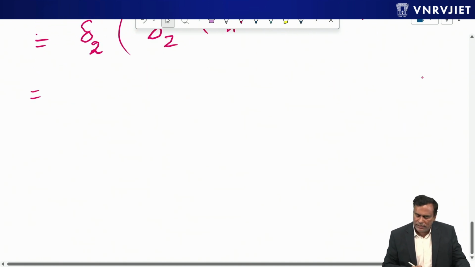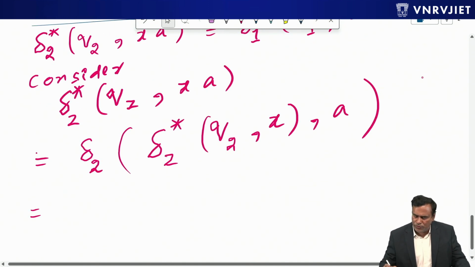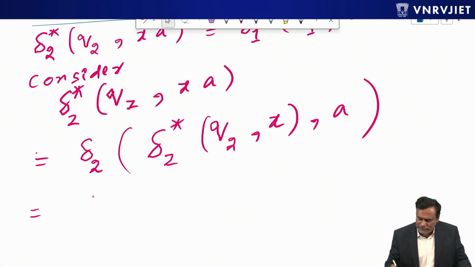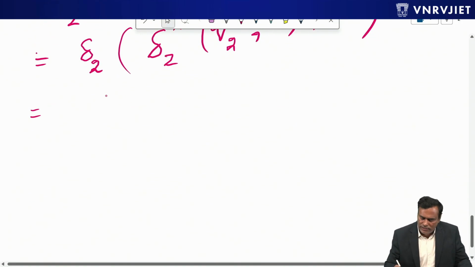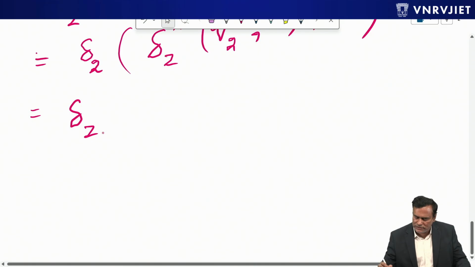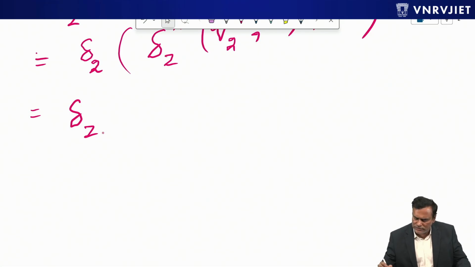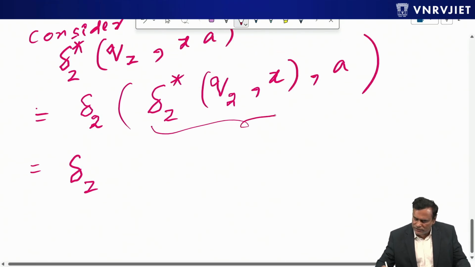this part, delta 2 star of Q2 X, can be rewritten as what? Delta 2 as it is, just in place of this one.